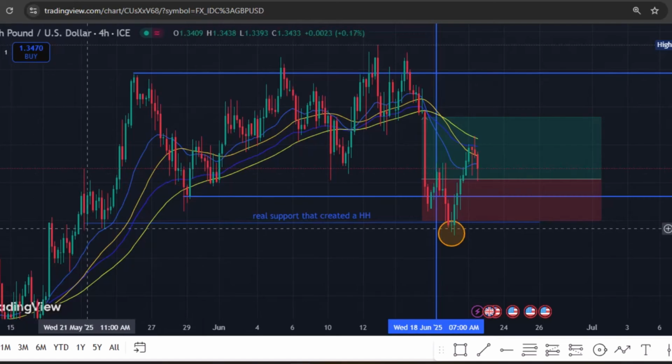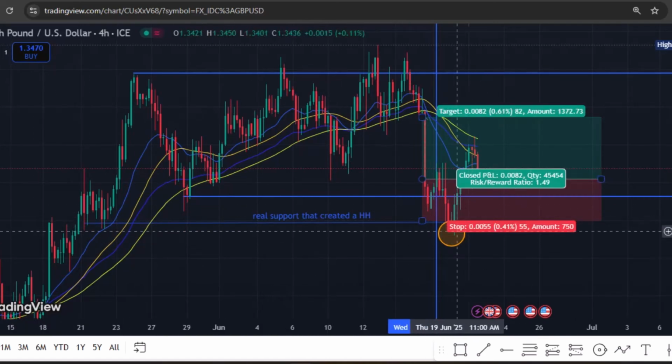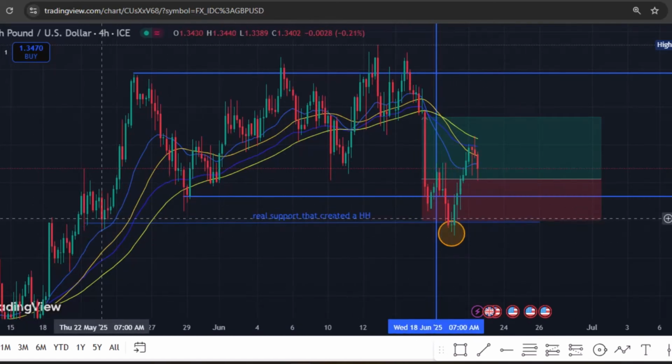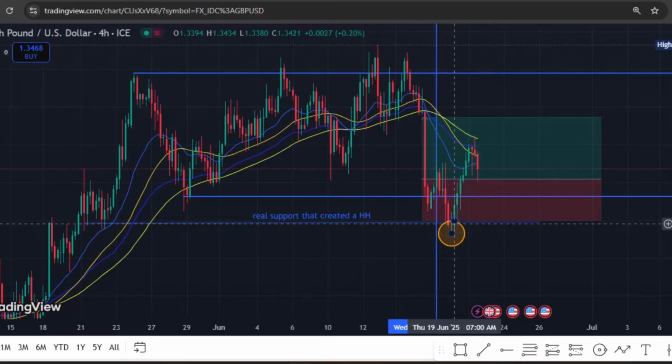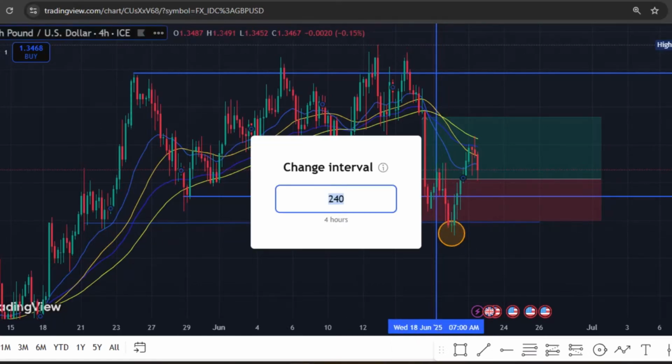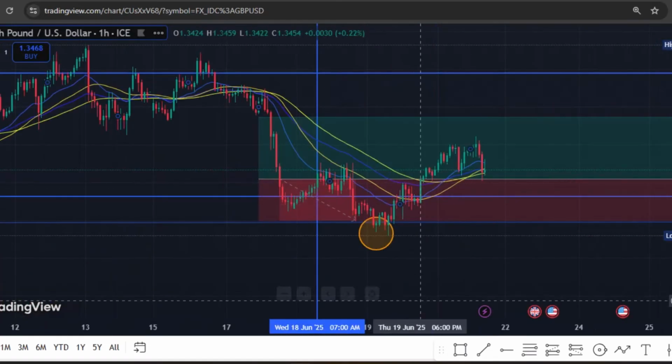So here, this is support. What happened right here was support. The market touched this support and created this, and I checked my 1 hour and it showed everything aligned. So I had to go in for the trade and adjust it.